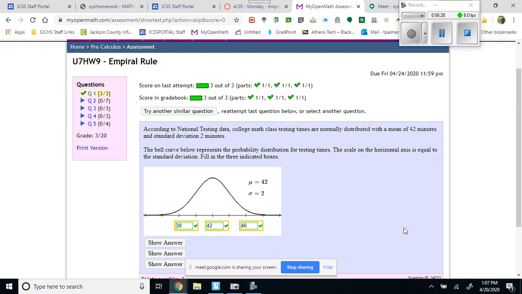And because we're looking at a normal distribution, a bell-shaped curve, we are saying that the mean, the median, and the mode are all right there. That's just some theoretical stuff. So that's the first one.